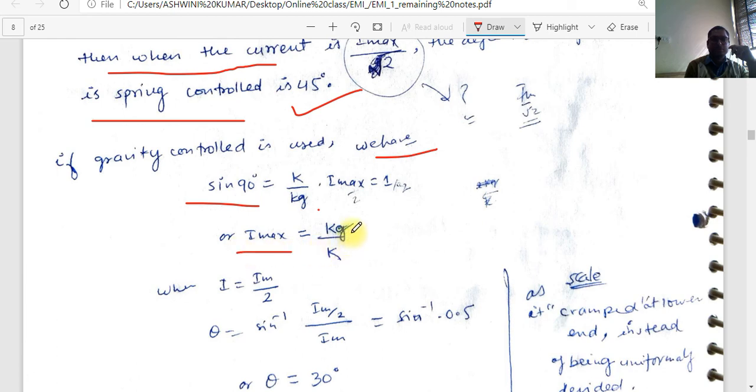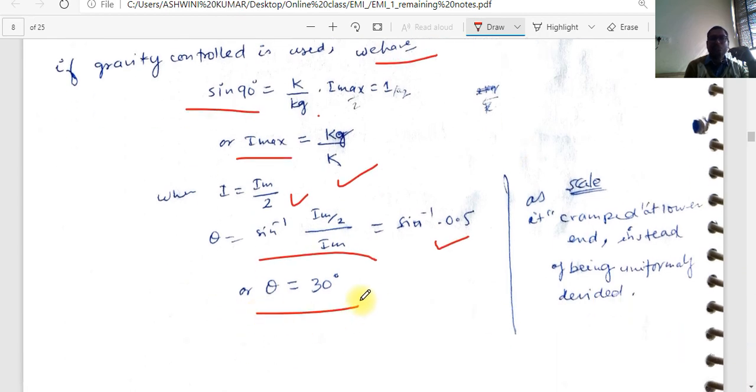I max is equal to Kg by K. When I is equal to I max by 2, we can put here I max by 2 divided by I max. That gives sin inverse 0.5, which means theta is equal to 30 degrees.